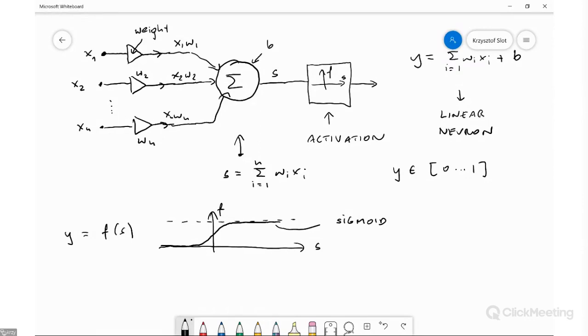Sigmoid, the name comes from the term that this is S-shaped. It has a squeezed S shape. And among these sigmoid functions, we have this logistic function that we were talking about, and which can have, for example, this formulation. So logistic function is one of the ideas on how to squeeze output values.